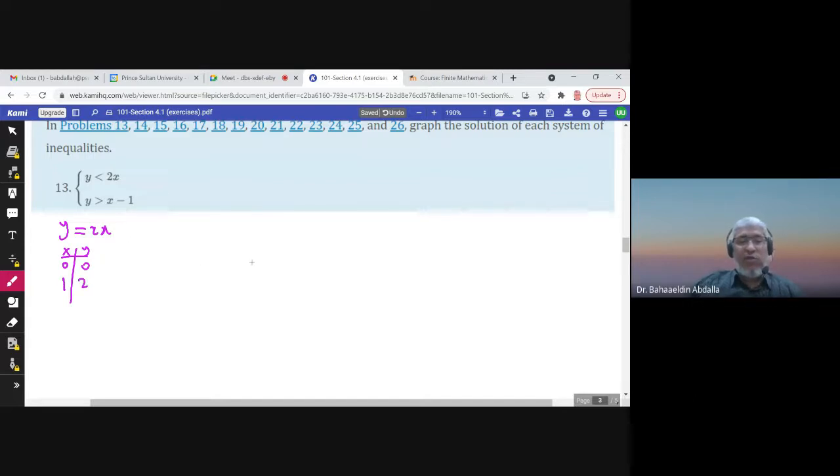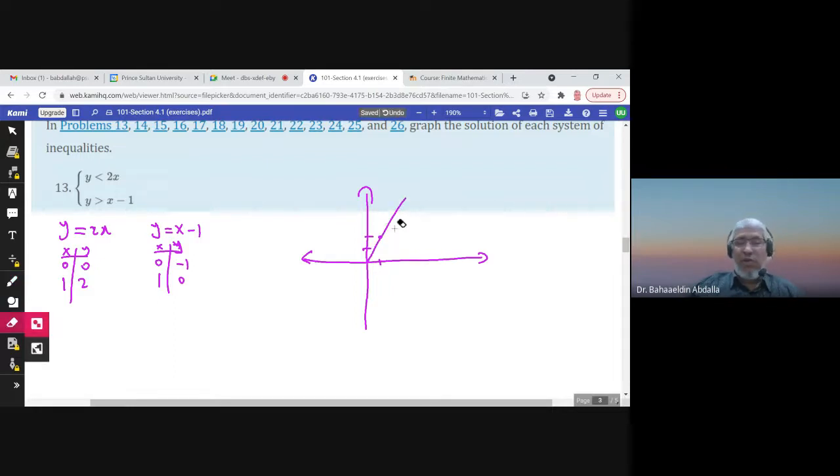So the graph would be, let me also sketch the graph of the second line, y equals x minus 1. If x is 0, y is negative 1, and if y is 0, x is 1. So the first line 0, 0, 1, and 2, should be a dashed line because there is no equal sign.